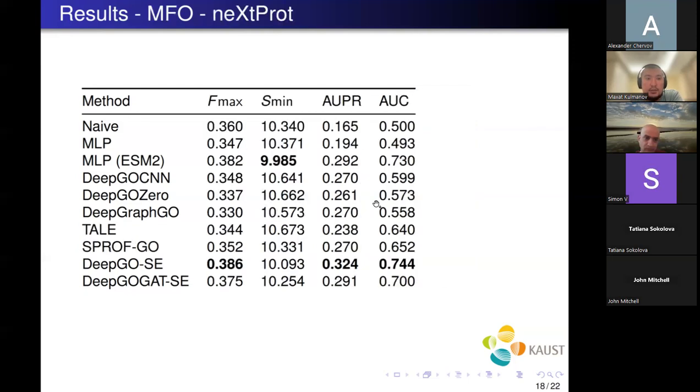Okay, and then we had a second dataset of uncharacterized proteins from the neXtProt database. The neXtProt database is developed by people from SIB, the Swiss Institute of Bioinformatics, and they manually annotate proteins.